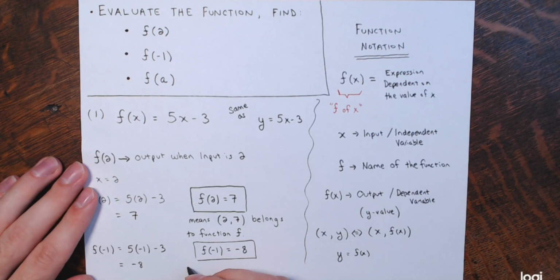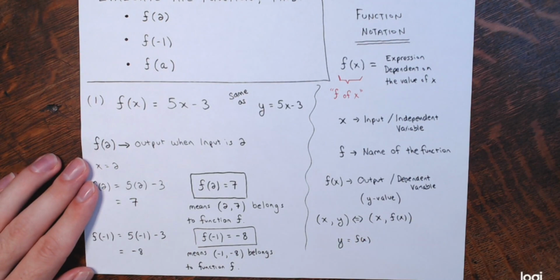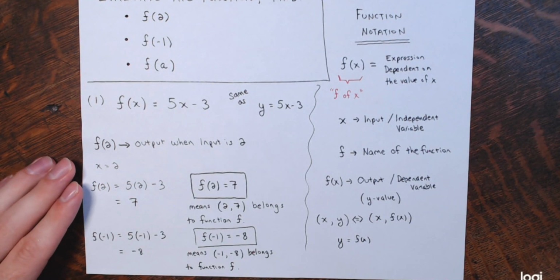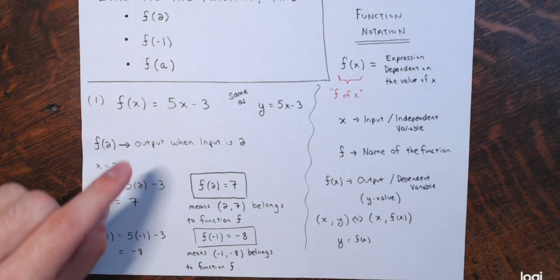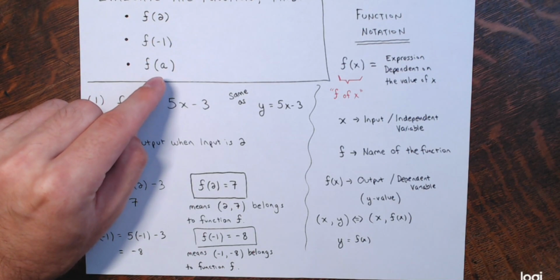And again, what this means is that the ordered pair, negative 1 for x, negative 8 for y, belongs to function f. And we could keep going with this. Now, this last thing is just what's f at a?